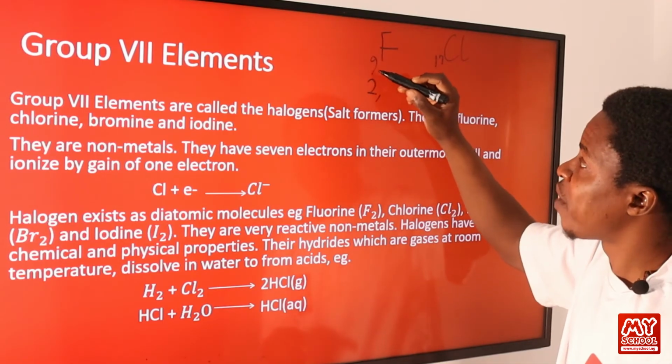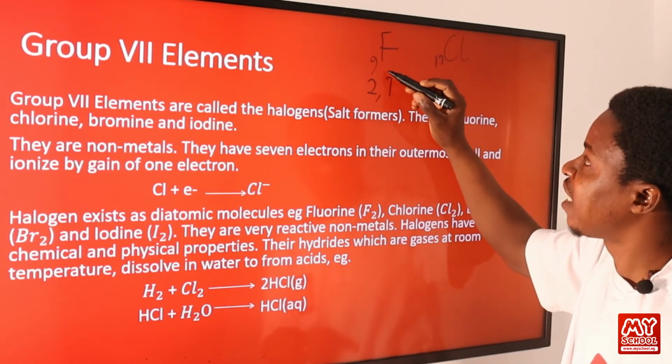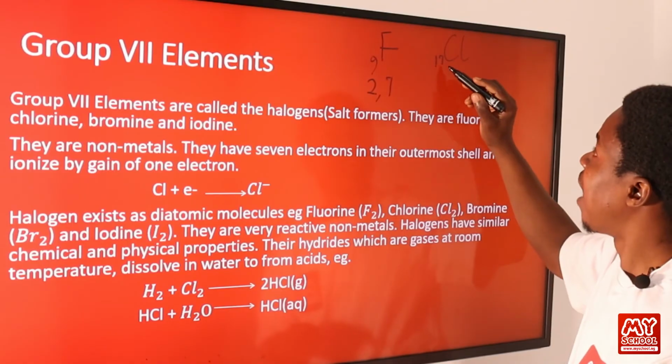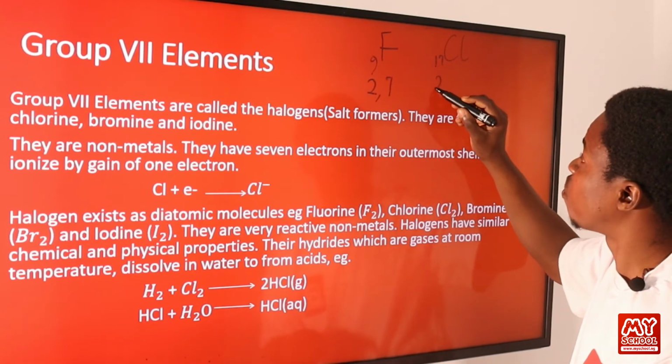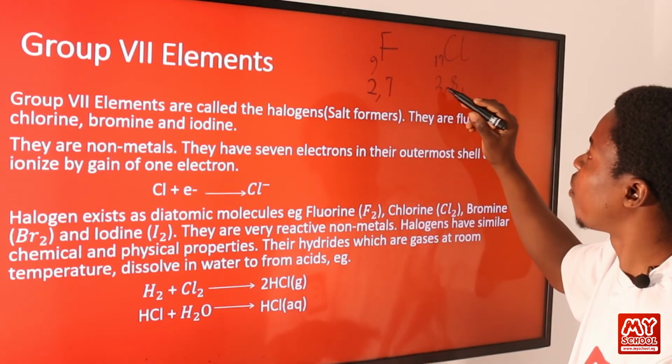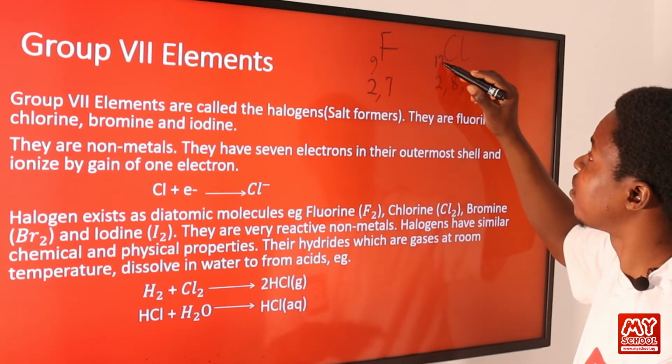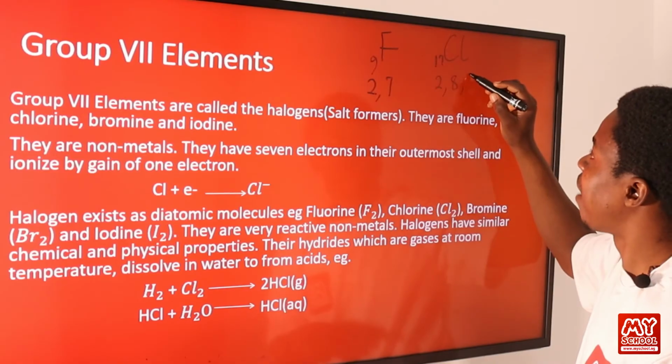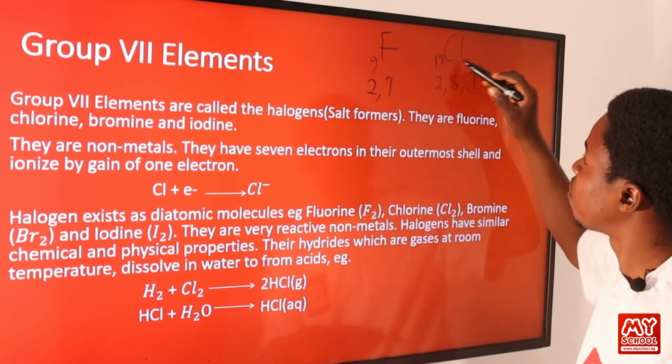Take 2 from 9, we have 7 left, and the second shell can take 8, so this is not up to 8, so that's 7. For chlorine, the first shell takes 2, the second shell takes 8, the third shell 2 plus 8 is 10. 10 from 17, we have 7 left. So you can see 7 electrons in the outermost shell.